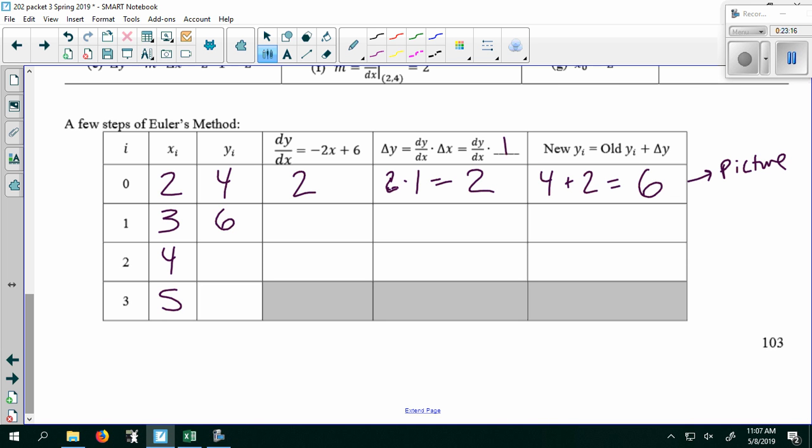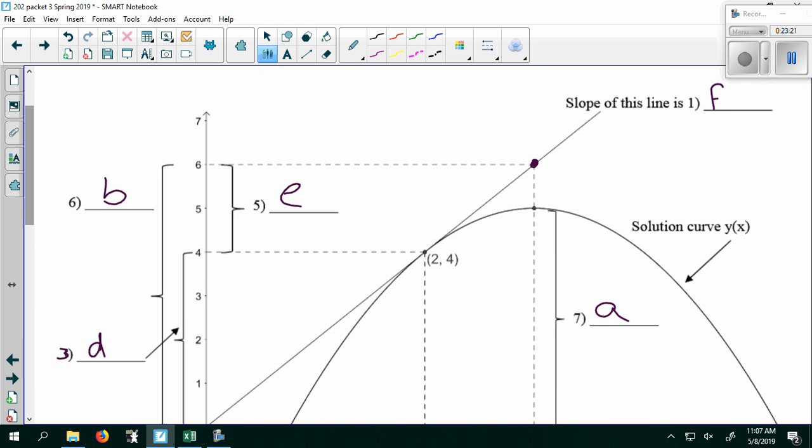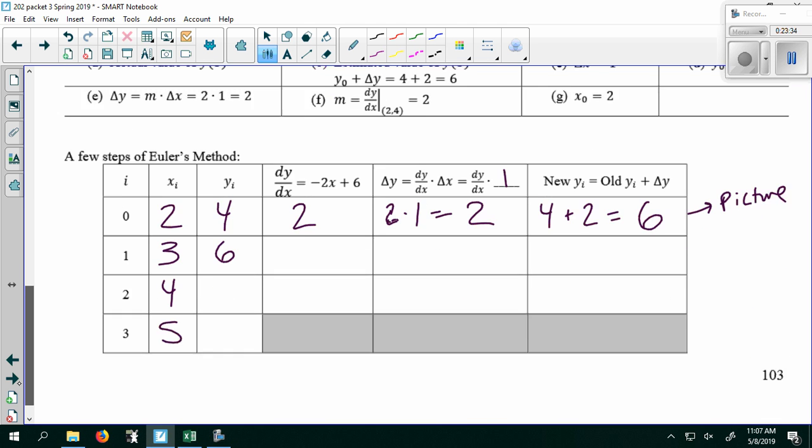And then to get my y's, I have to fill in all this stuff as I go across. So my next point is 3, 6. That is this point right here. This is the point we just found, 3, 6. So now I'm going to use 3, 6 as my next point. I'm going to assume it's on the curve or very close to on the curve and do the whole Euler's process again.